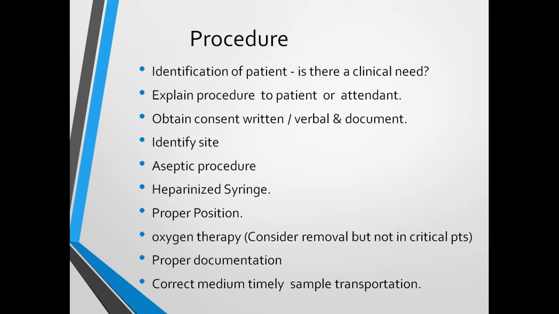If the patient is so critical, do not remove oxygen from that patient, just document that this patient was on that much oxygen, or was on the vent with these settings and FiO2. Proper documentation is so important. Document the name of the patient, date, gender, bed, everything. And correct medium, timely sample transportation.